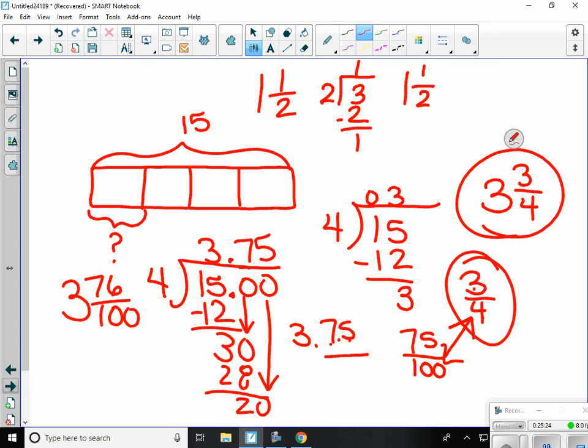That's why I was always on you to say your decimals correctly and not say point 75. 76 hundredths. 8 tenths. How you say it is how you write it. 75 thousandths. How you say it is how you write it.